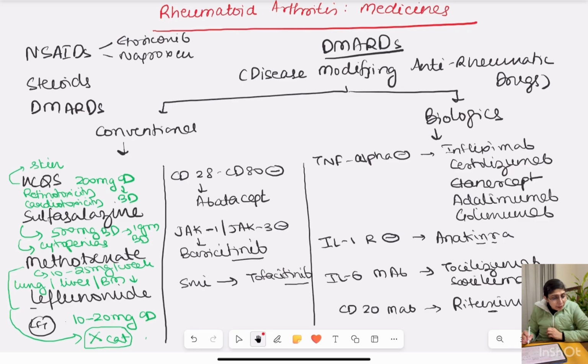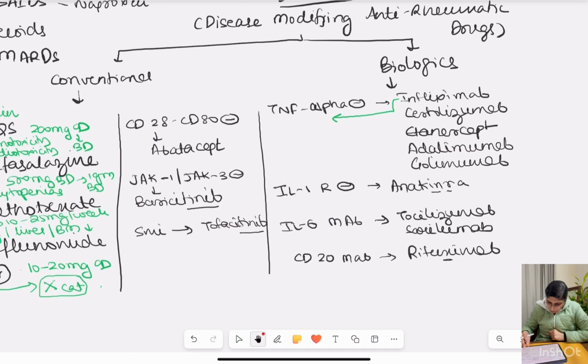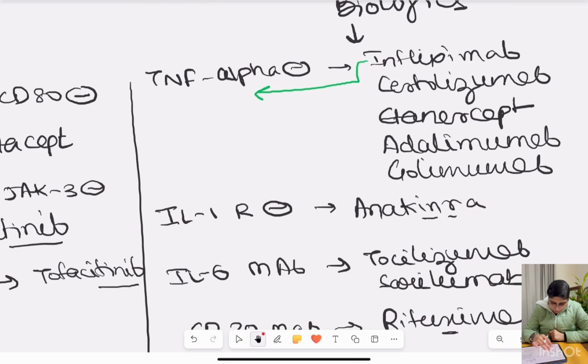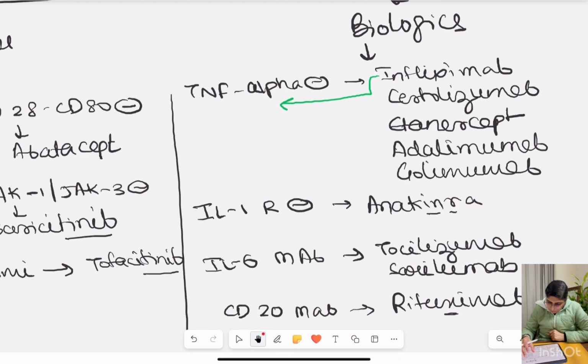Then if we talk about the biologics. Infliximab, I have already written the doses in my notes, so you can also find them there, but let me tell you here if you're noting down with me. Infliximab is an IV medication and the dose is 3 milligram per kg IV.